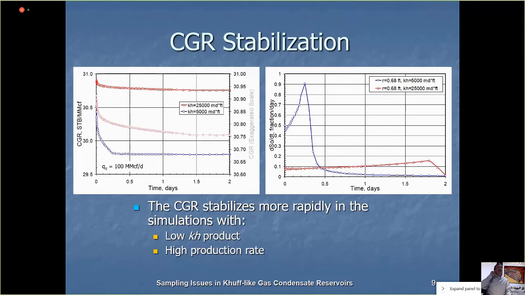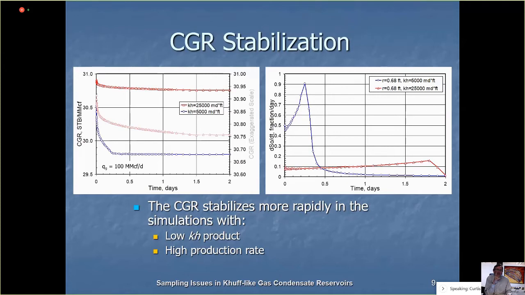Does anybody have an idea why it might be taking longer? Because what's happening is once you build up region 1 into a stabilized region, that CGR is going to remain more or less constant over shorter times. So that period of transient is the buildup of the kind of steady state region 1.